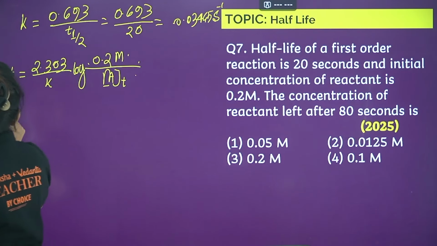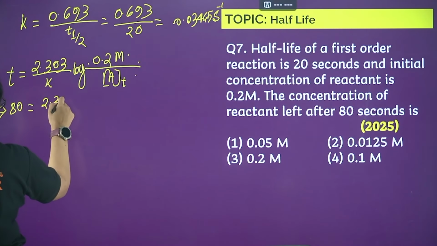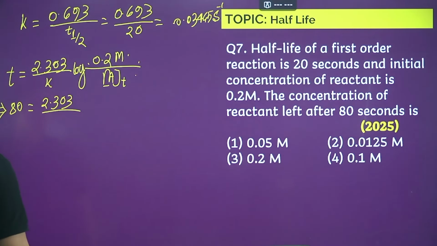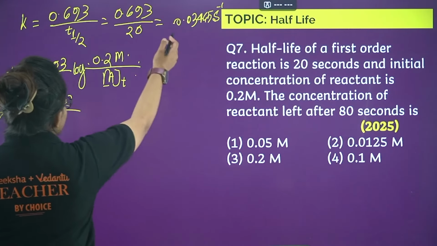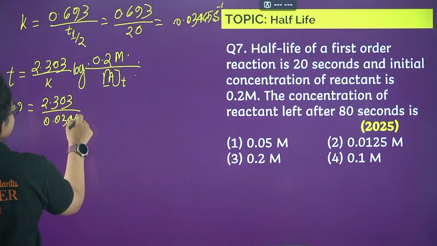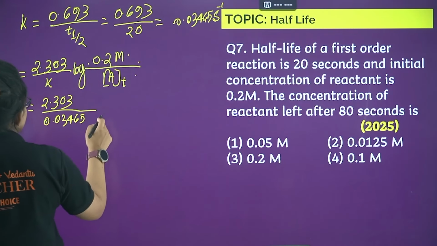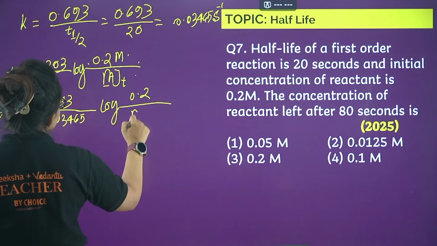T I know, T is 80 seconds, and 2.303 divided by K value is given. K I calculated 0.03465. And here I am getting log 0.2 divided by At.